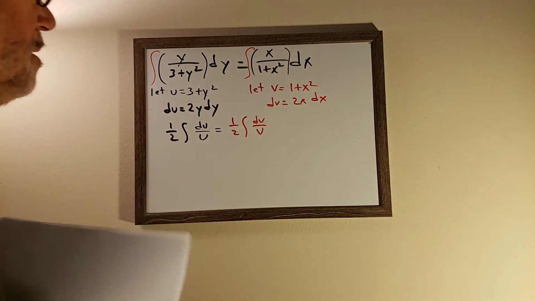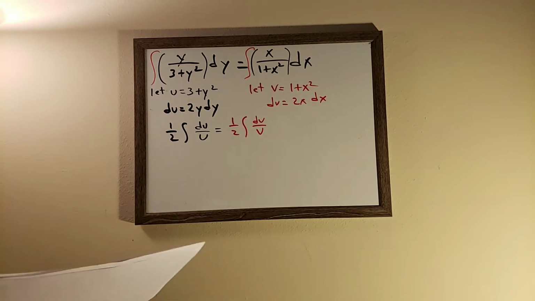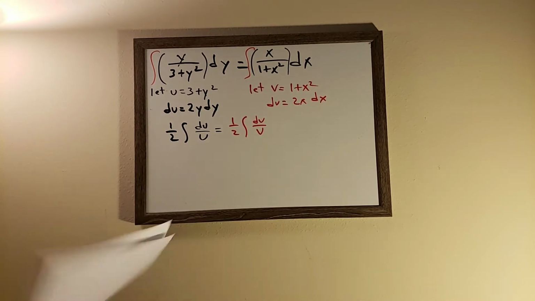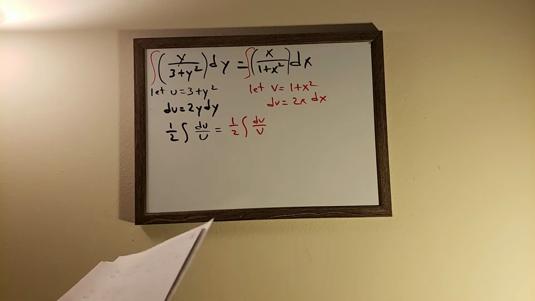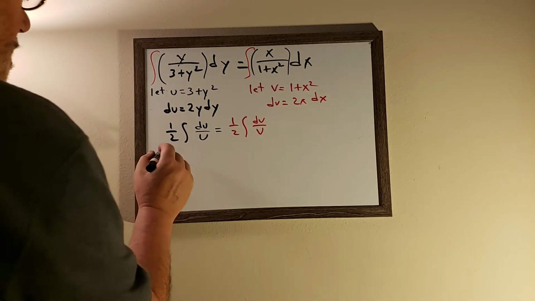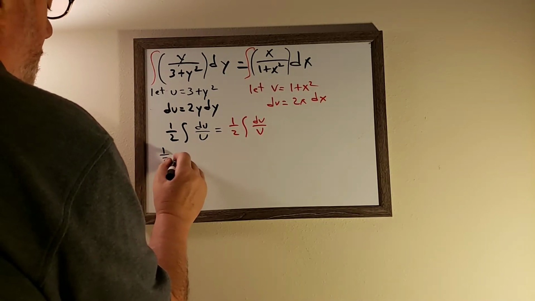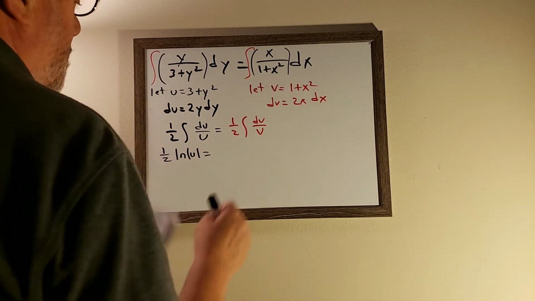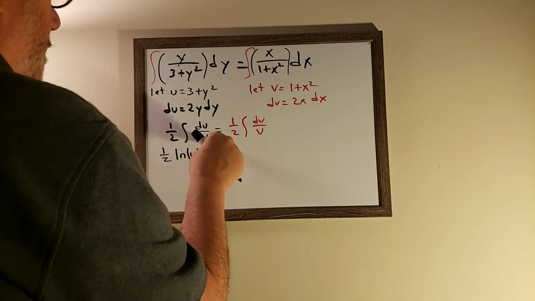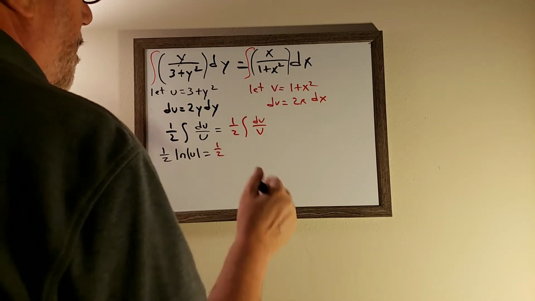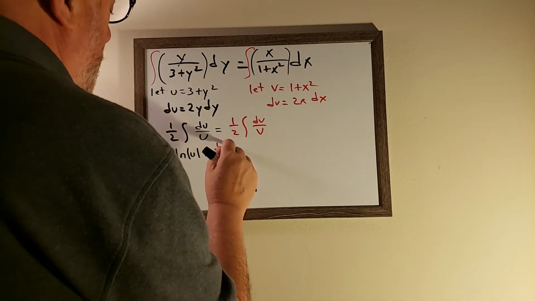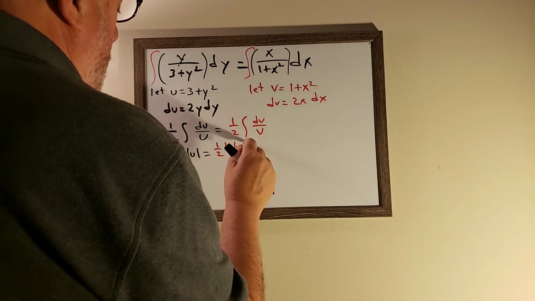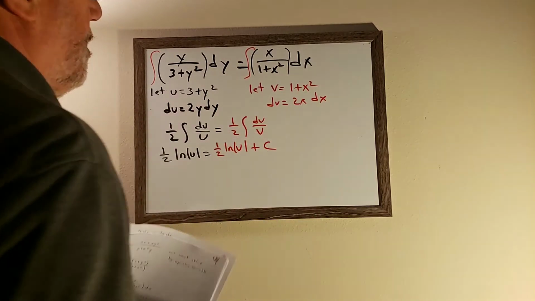Right? So now we want to do our integration, and so again, remember that in terms of du over u, that is your natural log, and so this is going to be 1/2 the natural log of u equals 1/2 the natural log of v, and then plus c. Right?